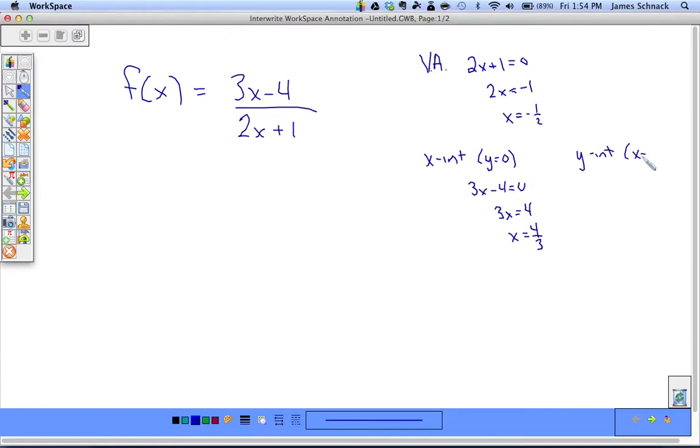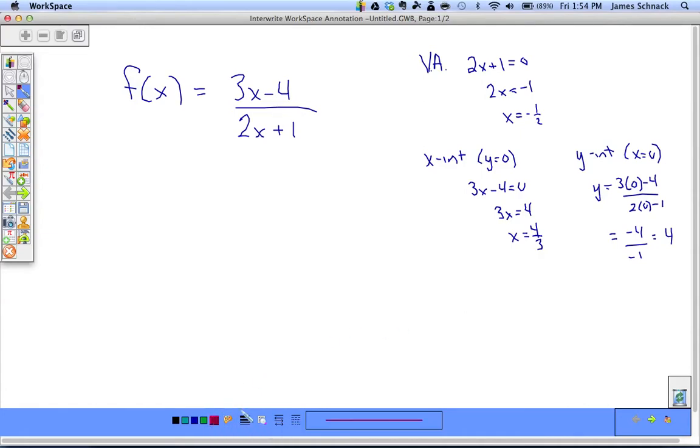Y-intercept is where x equals 0. So we have y equals 3 times 0 minus 4 over 2 times 0 minus 1. So we have 0 minus 4, 0 minus 1, that's 4. So we have a vertical asymptote, an x-intercept, a y-intercept.